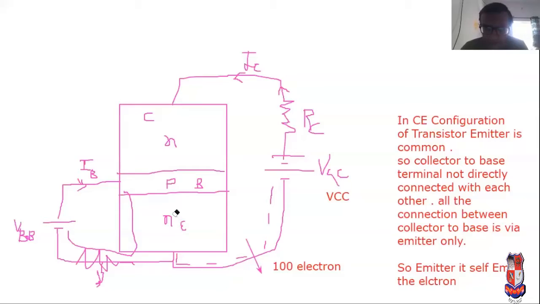And after traveling through the emitter, consider this point. At this point also the electron count is large.